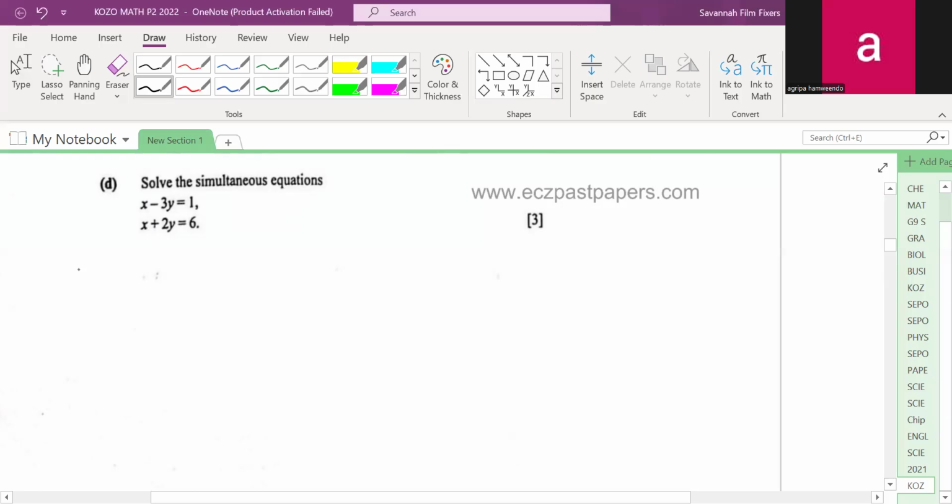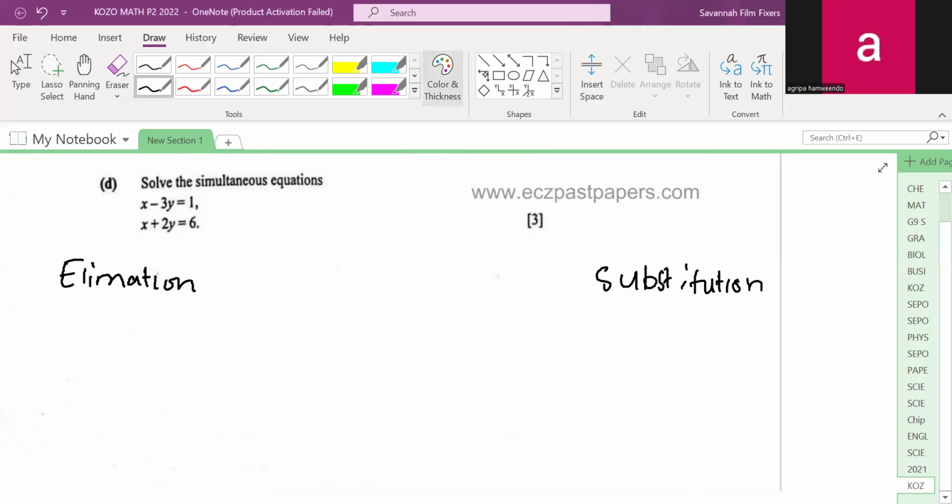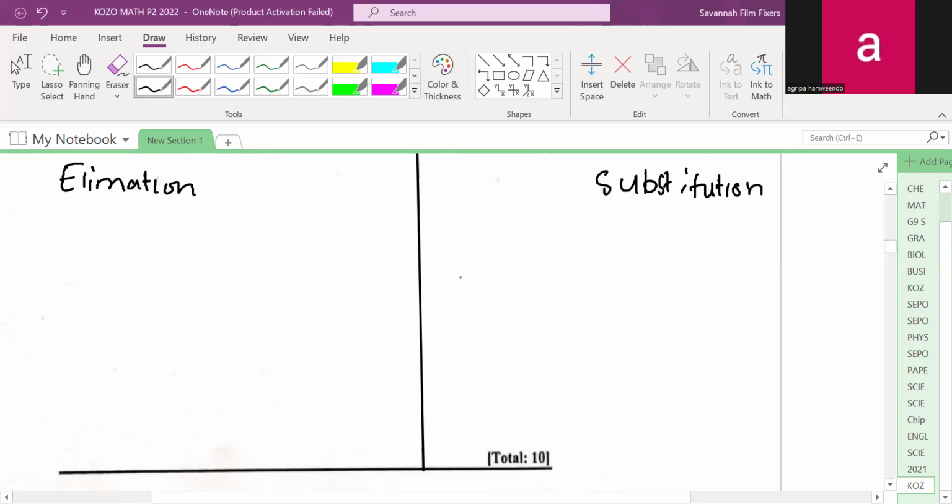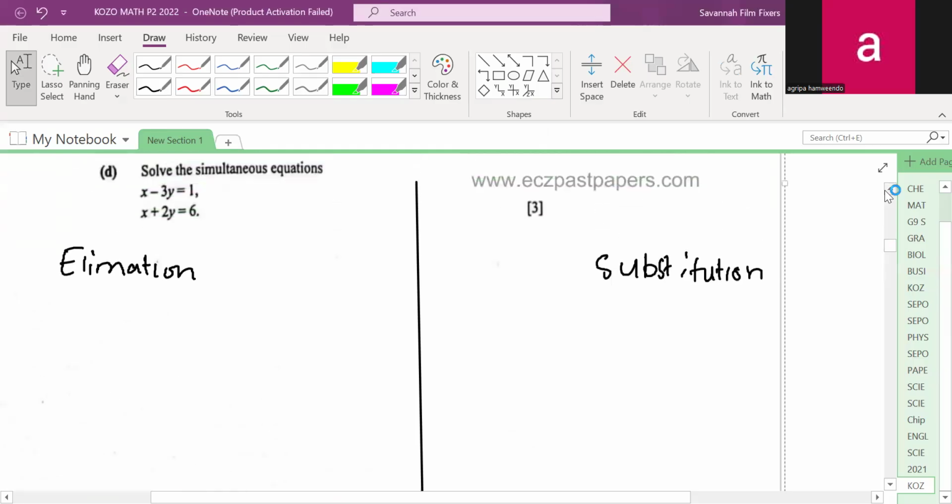There is elimination and there is the substitution method. So I'm going to try to solve both of these equations using the two methods. We'll use elimination and we'll also use substitution so that you can see which one is easy.